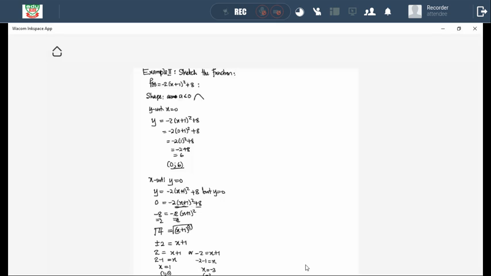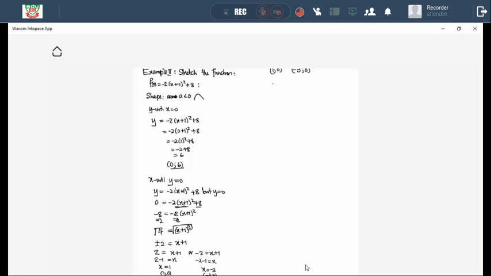This coordinate becomes -3 and 0. Let me rewrite the coordinates of the intercepts. The first one is 1 and 0. The other one is -3 and 0. Those are our coordinates.